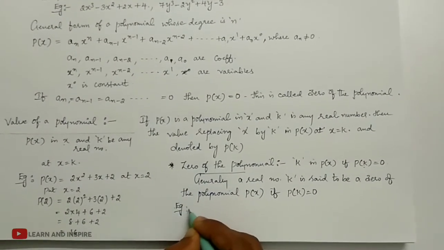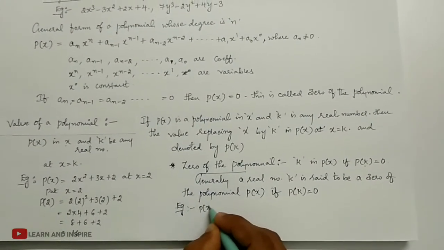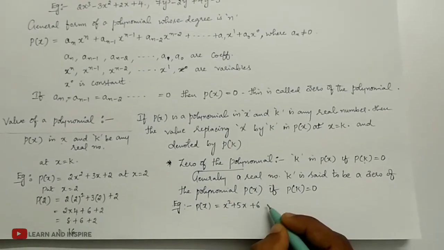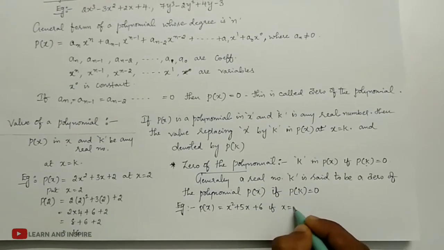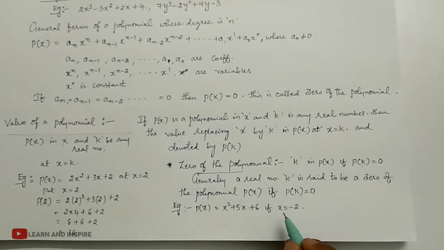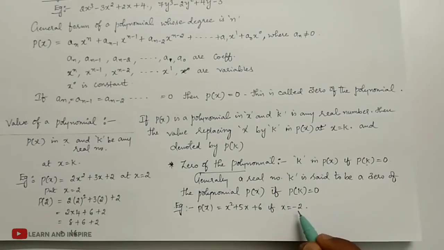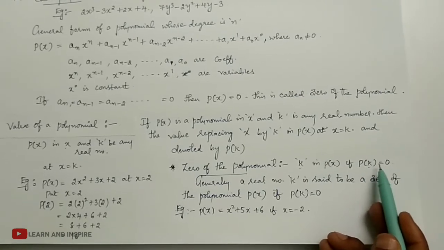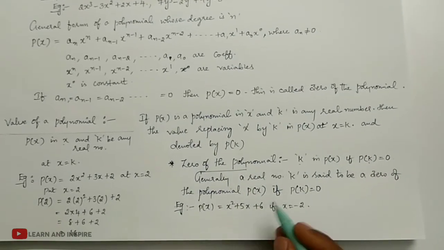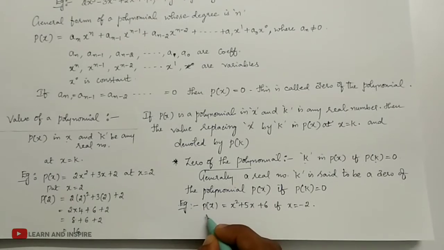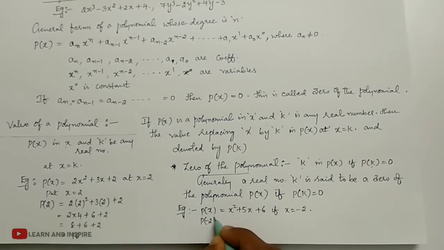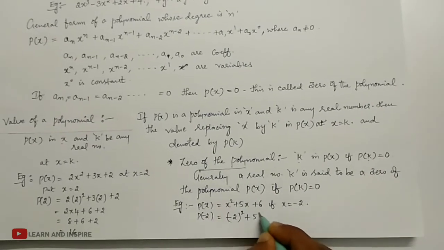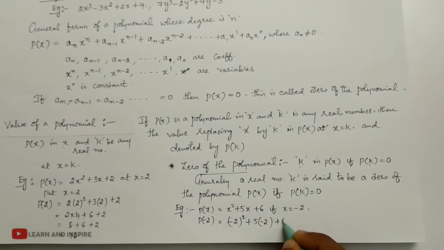So we see one example. p of x is equal to x square plus 5x plus 6, if x is equal to minus 2. If I substitute x is equal to minus 2, where minus 2 is a real number, and p of minus 2 is equal to 0, then it becomes a 0 of the polynomial. So we'll check whether it is a 0 of the polynomial or not. p of minus 2 is equal to minus 2 whole square plus 5 into minus 2 plus 6.